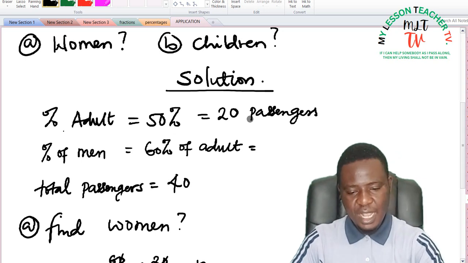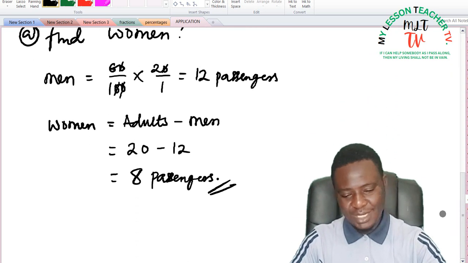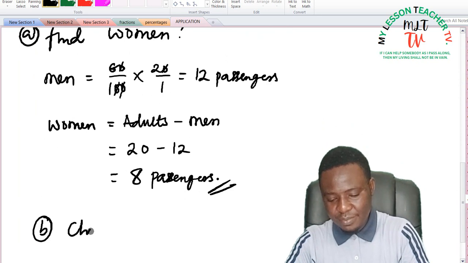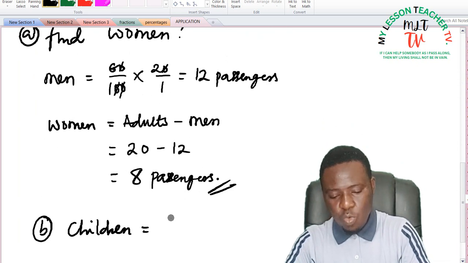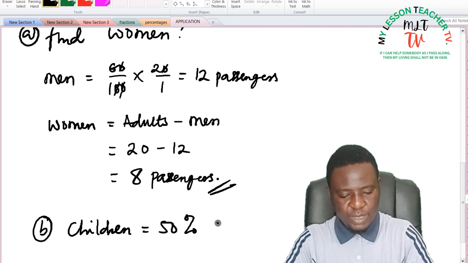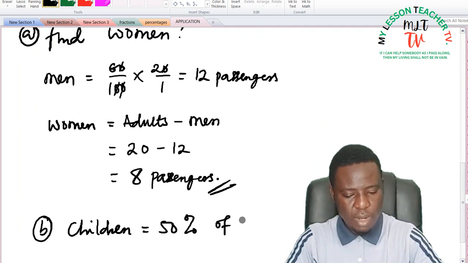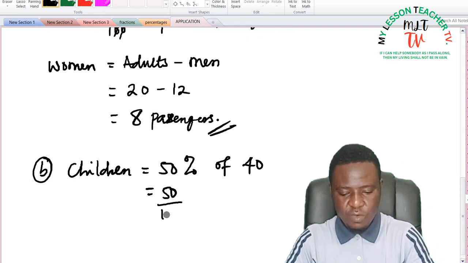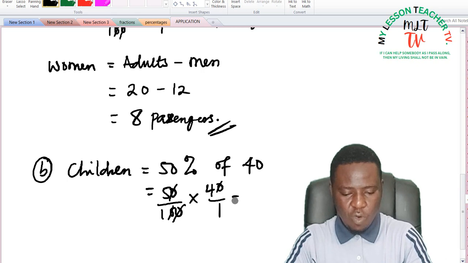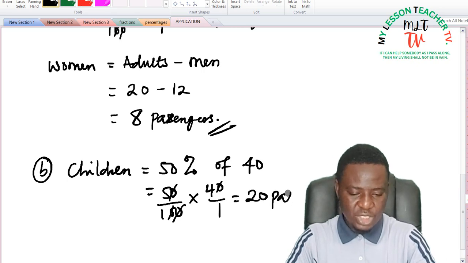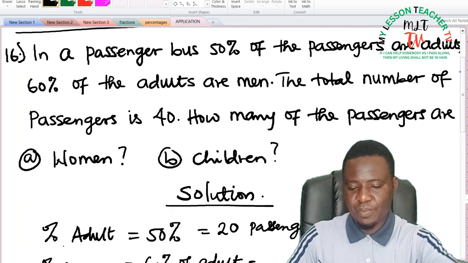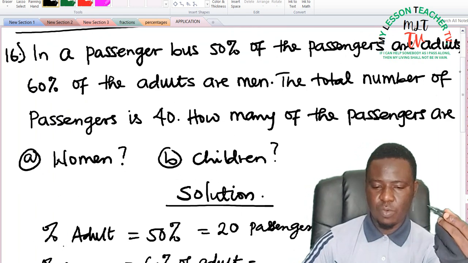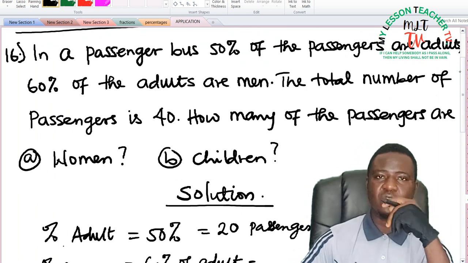So the children will be equal to 50% of the total number, which is 40. 50% of the total number is 50 over 100 times 40 over 1, which gave us 20 passengers. So 20 passengers are children. So this is your answer. We have answered the number of passengers that are women, and that of children.